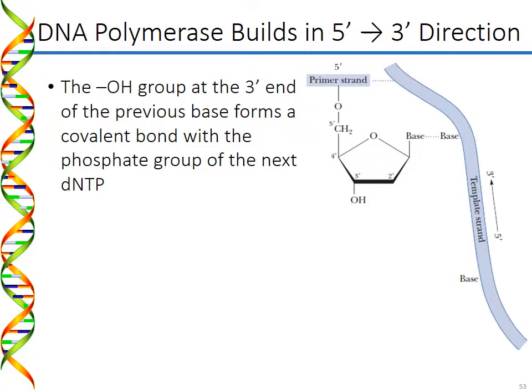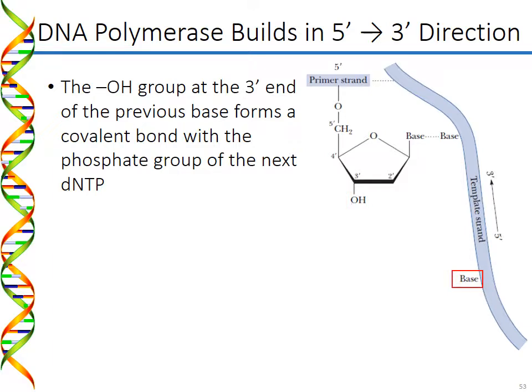You see the bases hydrogen bonded there at the top. Here on that nucleotide you see the OH group attached to the 3' carbon. As was mentioned previously, that OH group is critical to the polymerization reaction, as we'll see here in this slide.